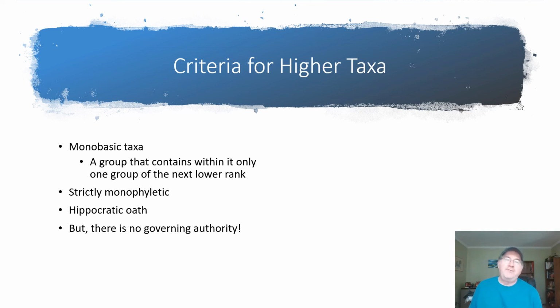Well, there are a few rules of thumb that I guess I'll make the last point on this slide first. These are rules of thumb, but there are absolutely no ironclad rules that prescribe how to define and create higher taxa by taxonomists.